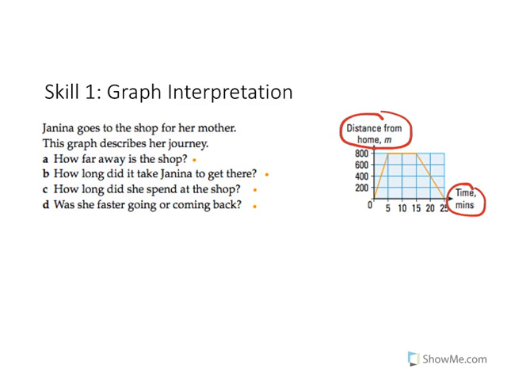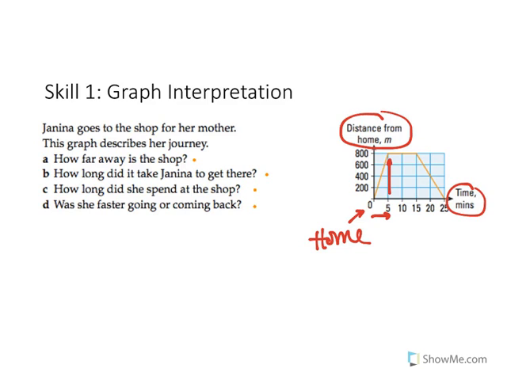Now, as we look at this graph, the number zero is basically indicating where she starts. This is home. And as she travels further away, distance increases. So we'll notice that as she walks for 5 minutes, her distance moves farther away.